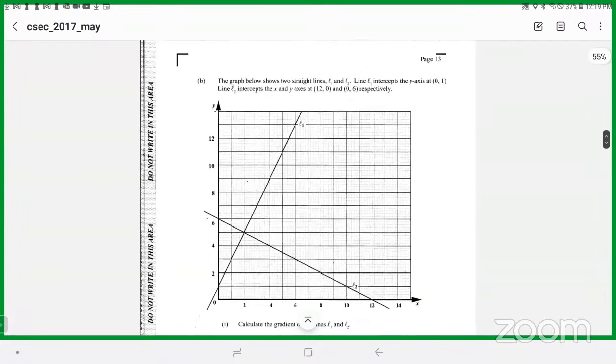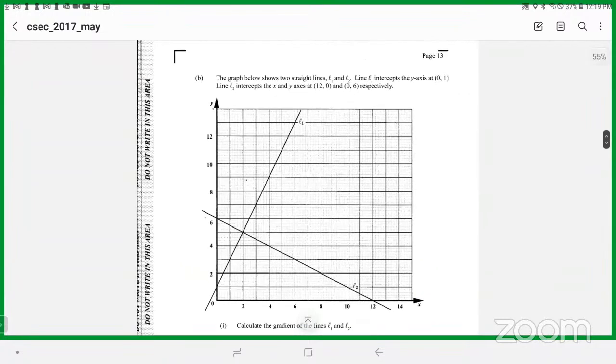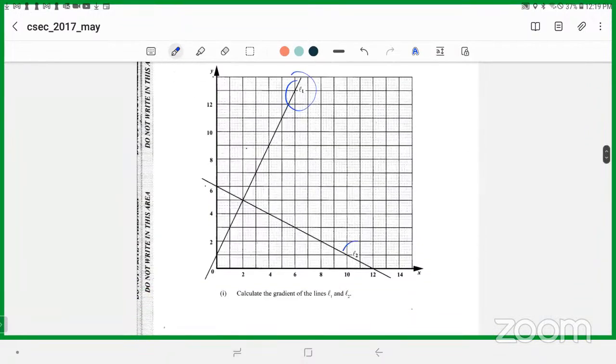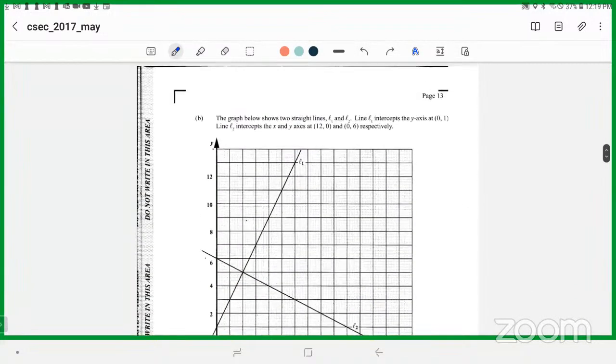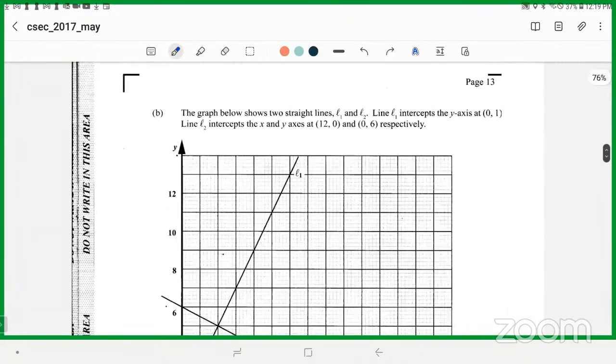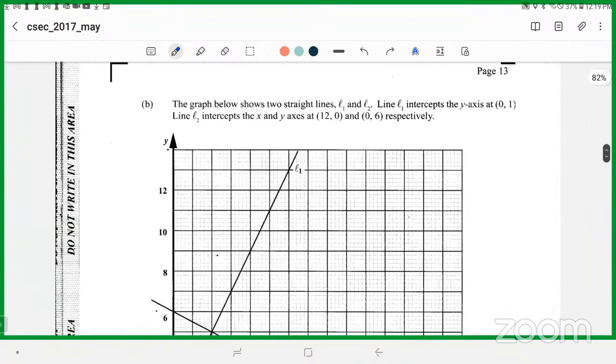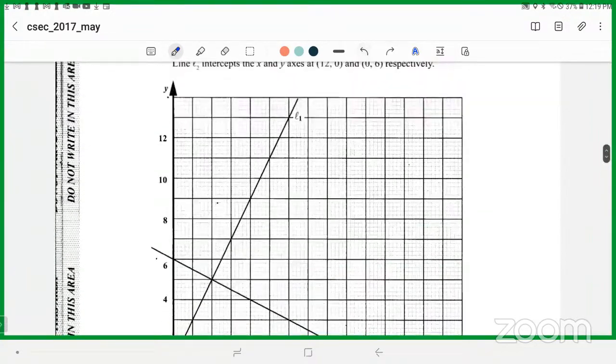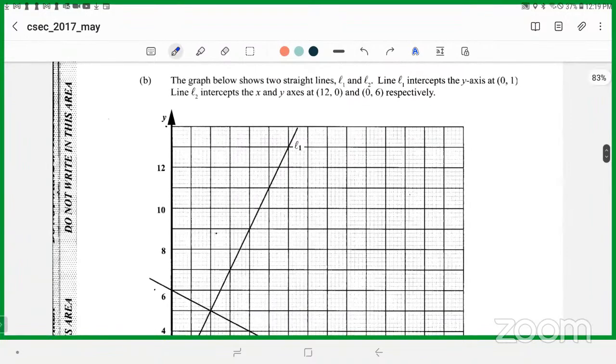Let's look at it. This one gives us two lines, line 1, L1, and this is L2. The question says, the graph below shows two straight lines, L1 and L2. It says L1 intersects the x-axis at (0, 1). You can see that right here. So on L1, we already know that the c value is 1.